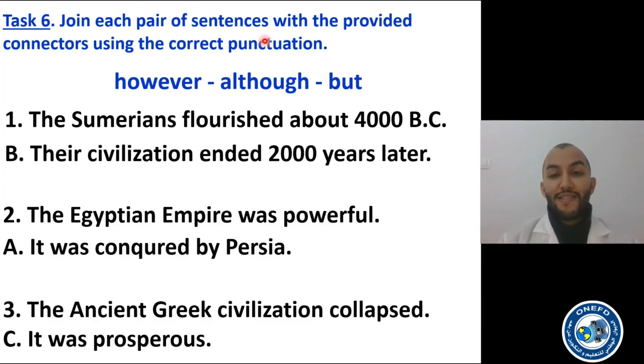Task number 6. Join each pair of sentences with the provided connectors using the correct punctuation. So we have however, although, and but. Here we have the first pair of sentences, the second and the third, and you have to link them with these connectors.